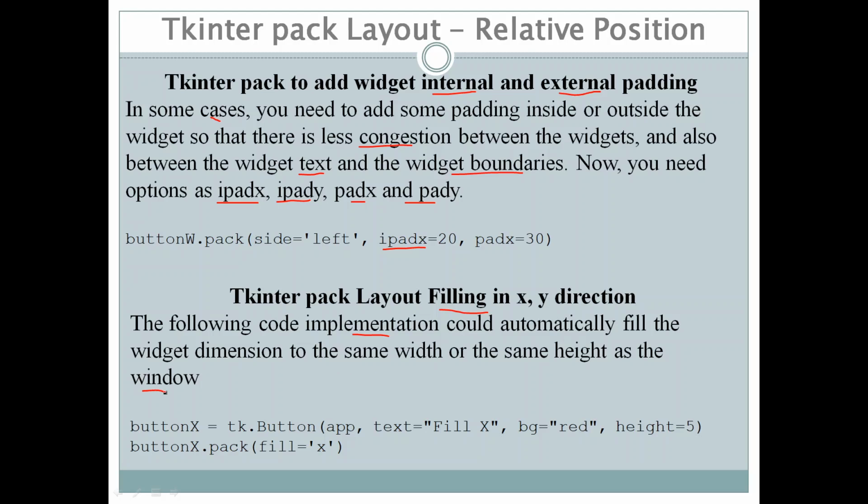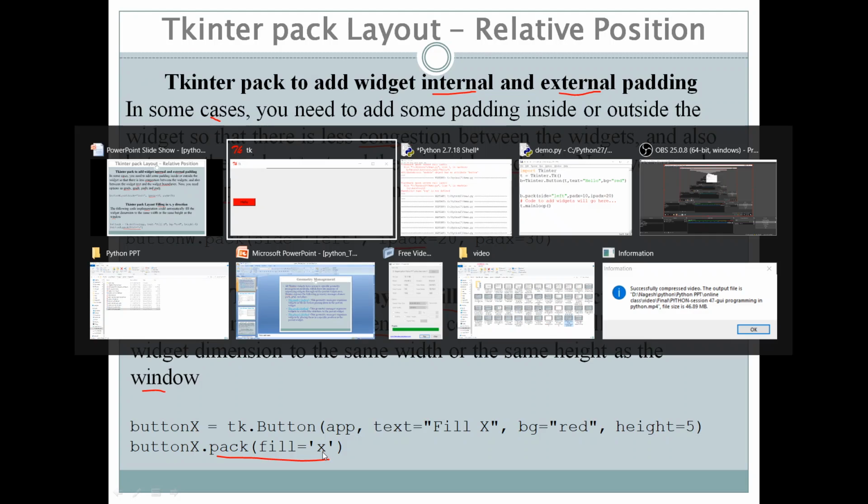If you want your widget to include complete space horizontally or vertically, then you can use a parameter that is fill. Now you can see here the pack method uses one parameter that is fill equals x, where the parameter will take complete horizontal space if it is x. X means horizontal space.